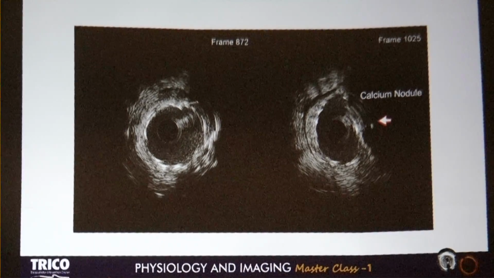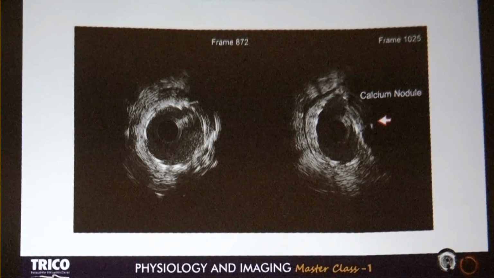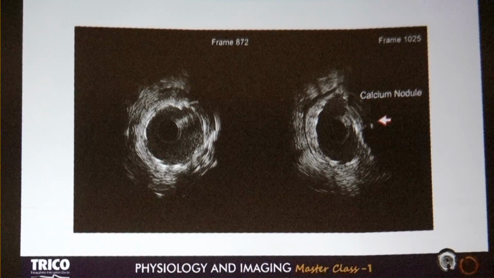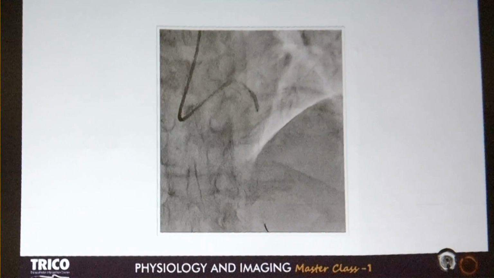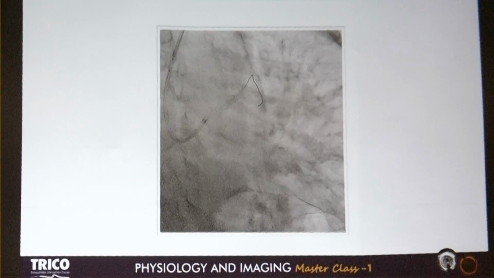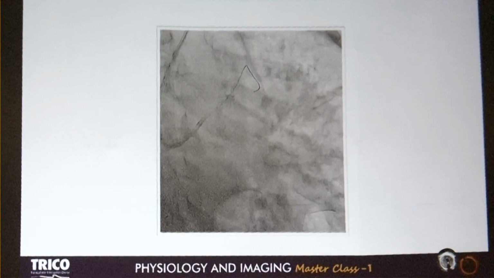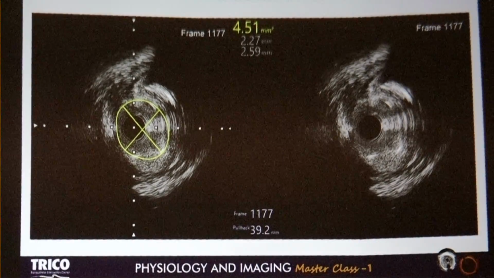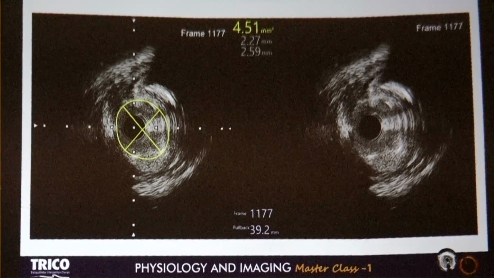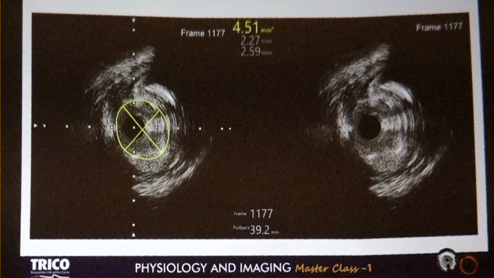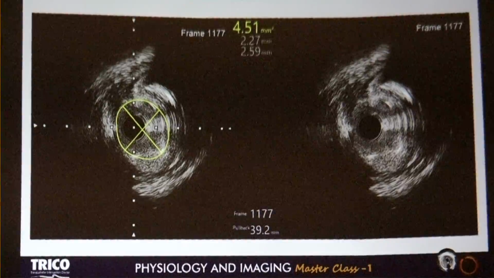Then what did I do while interpreting the IVUS or OCT? I hurriedly interpreted the OCT. I did balloon dilatation. I will show you the result. The result doesn't look all that bad. But then I interpreted the OCT image. First of all, at the nodule site, despite dilatation, because the nodule was quite on the septal side, I was not very aggressive.